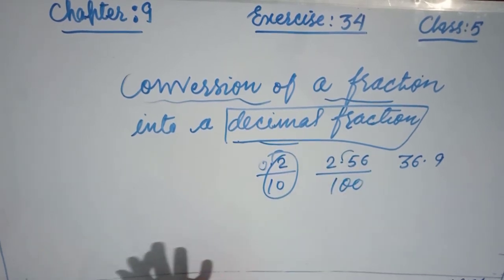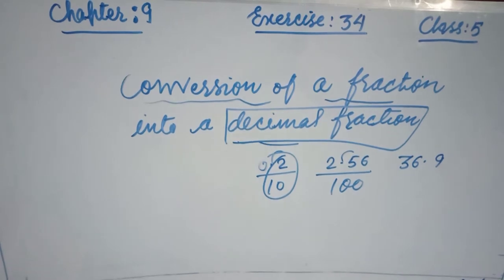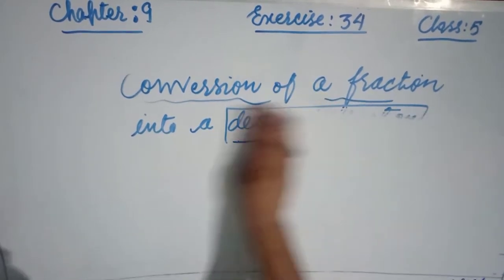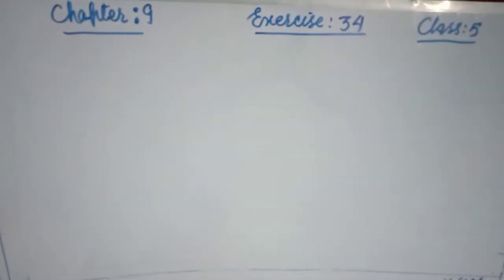So now we will solve such type of questions, where we have to convert the fraction in terms of decimal fraction. Now friends, let's begin this session from exercise 34.